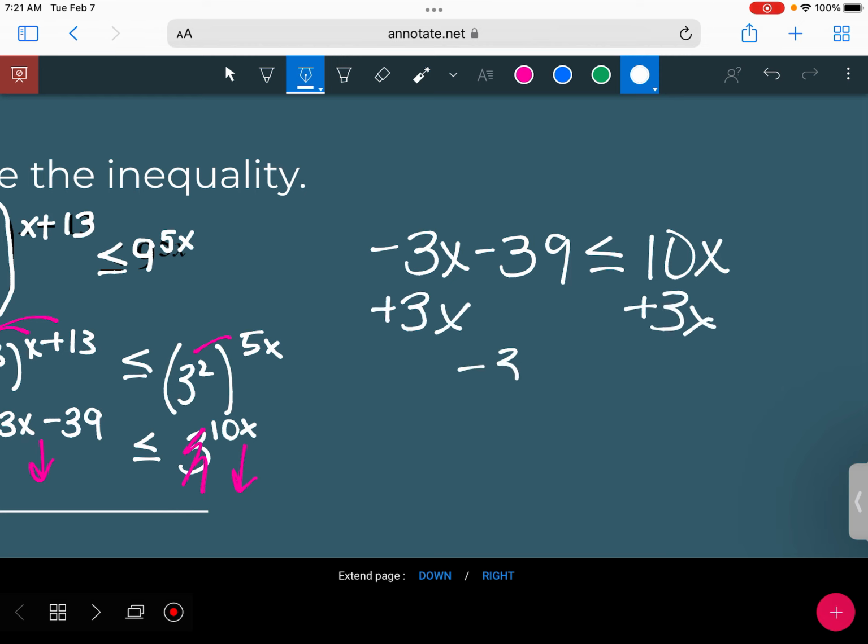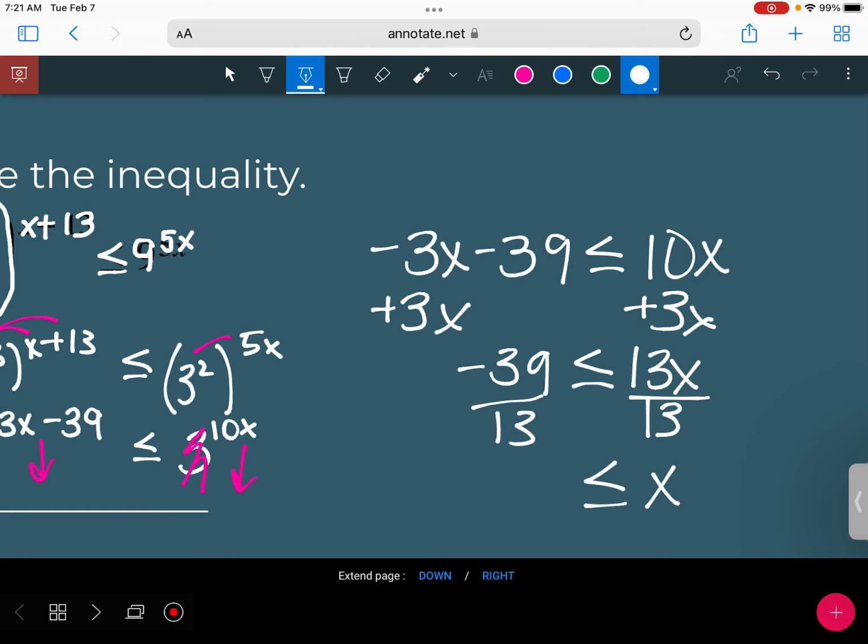So we get -39 is less than or equal to 13x, and then divide by 13. What do you get on your left side? -39 divided by 13 is -3. So x is greater than or equal to -3.